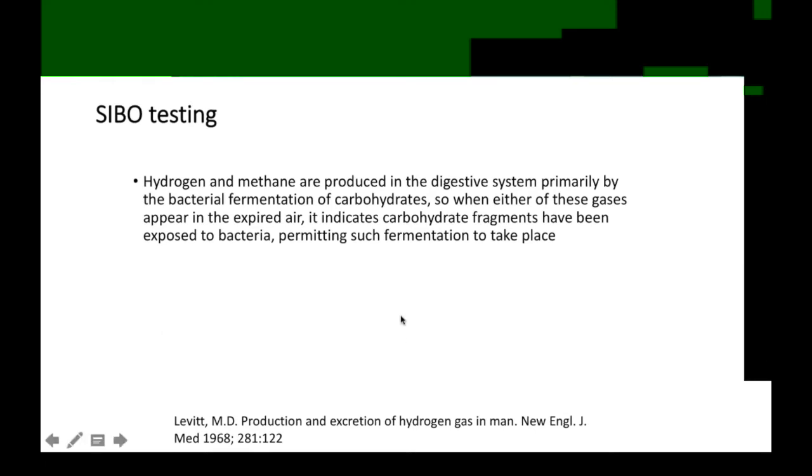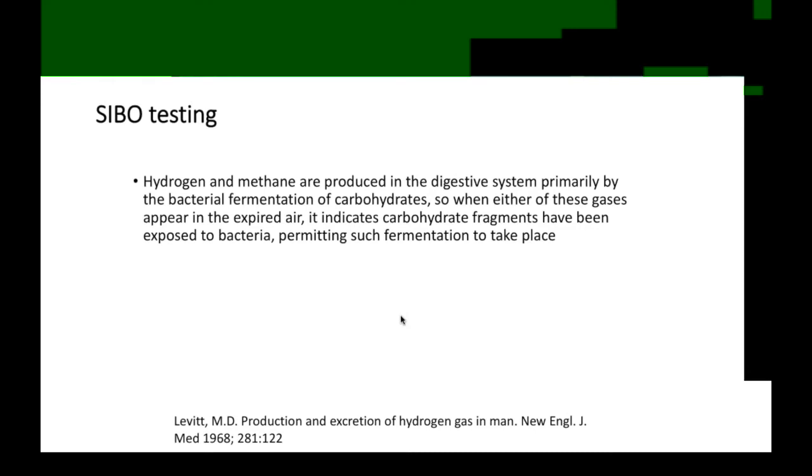So hydrogen and methane are often the main gases produced in the digestive system by the bacterial fermentation of carbohydrates. So when these gases appear in expired air, then it often indicates that the carbohydrates have been exposed to bacteria, allowing that fermentation.